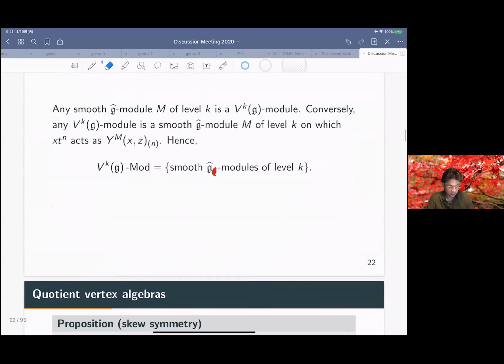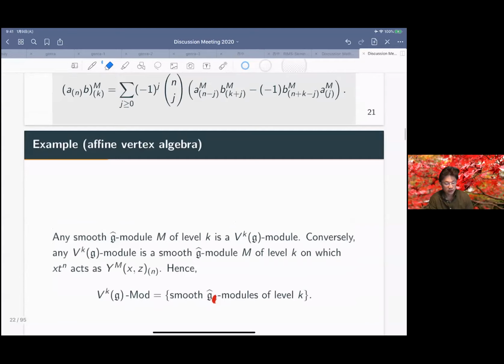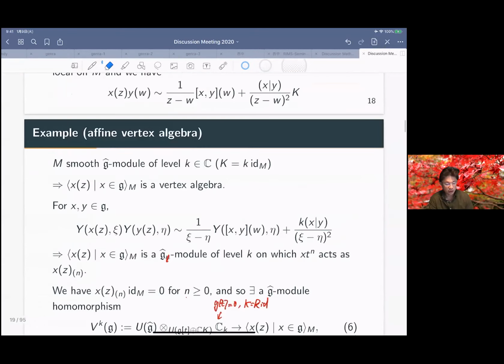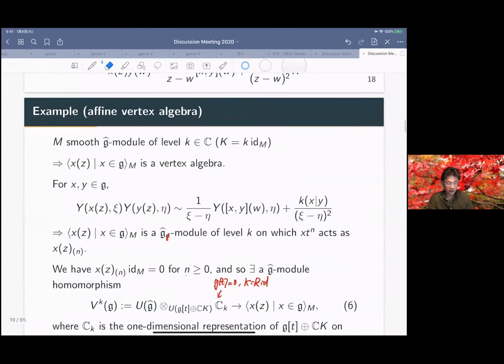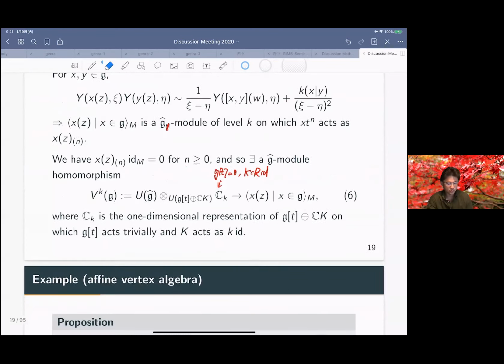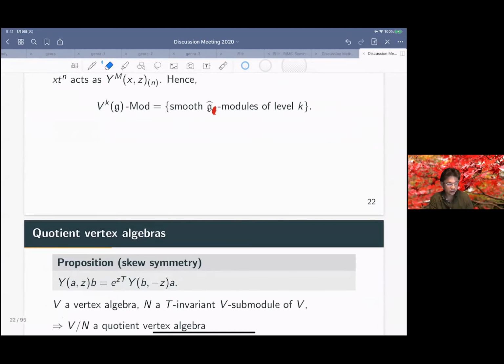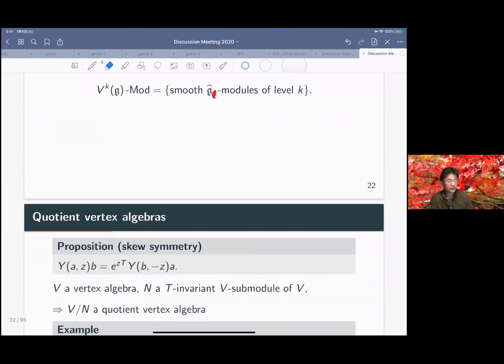But you can take a quotient of the universal affine vertex algebra. As you have already seen, this one is in general a quotient of this universal affine vertex algebra. And in fact, any quotient has a structure of vertex algebra because of this property called the skew symmetry property. So this is the same as this one.